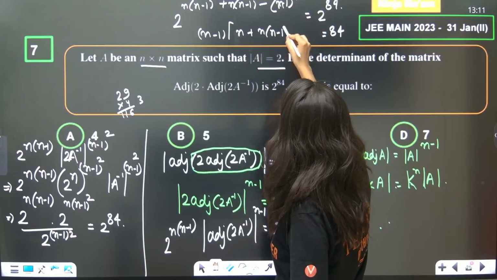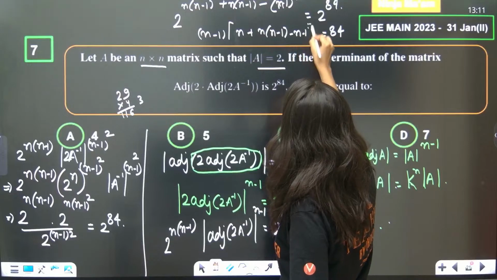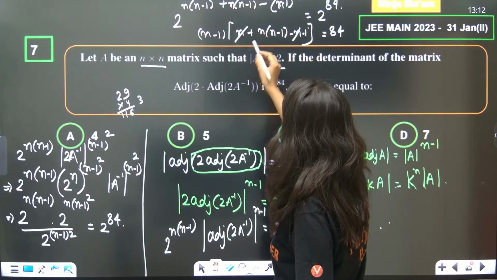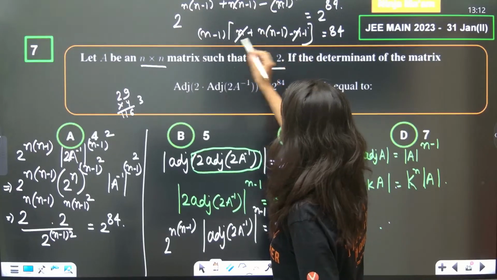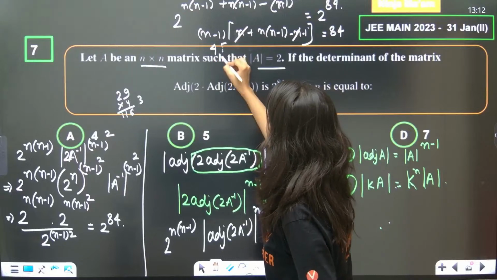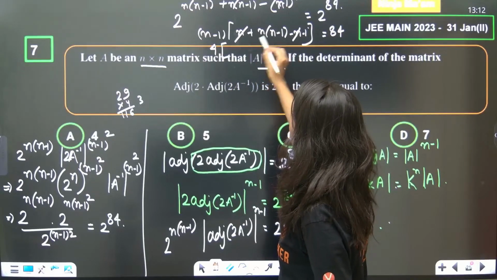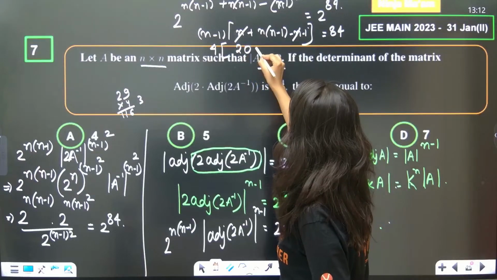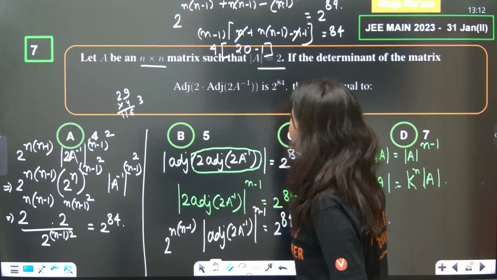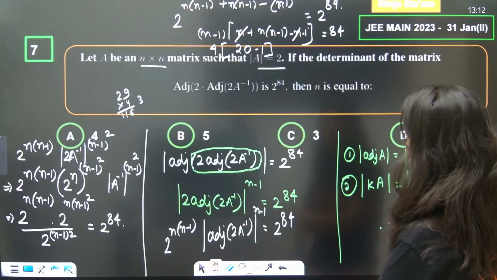Okay, n minus 1 you take common. So n cancels. If you put n equal to 5 now, this is 4 multiplied by, now 5 into 4, 20, and this is minus 1. So 19 into 4.